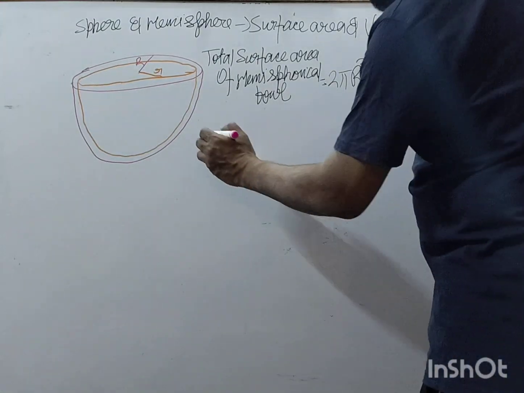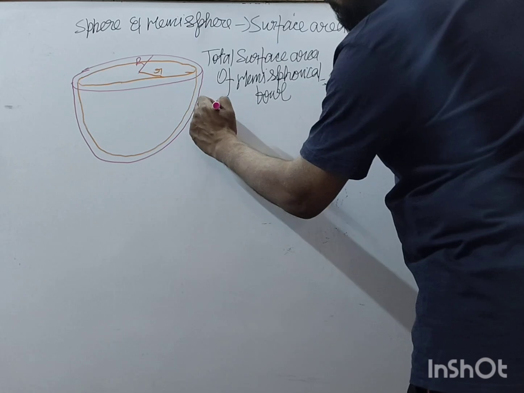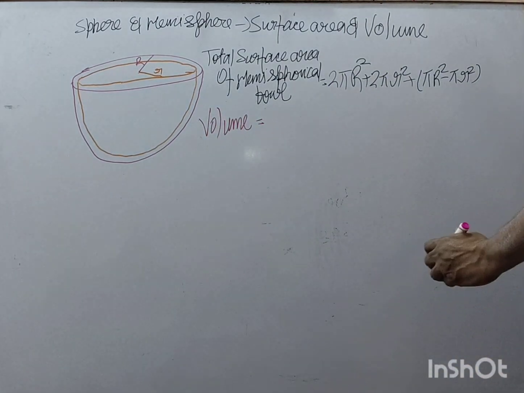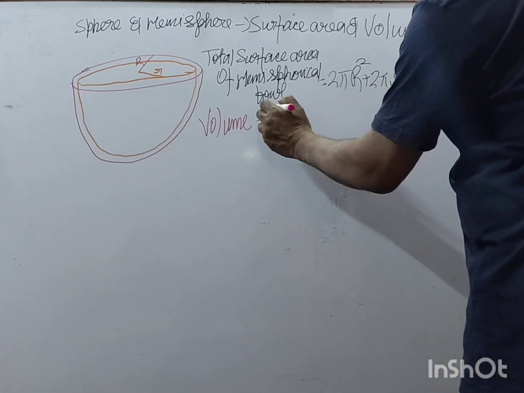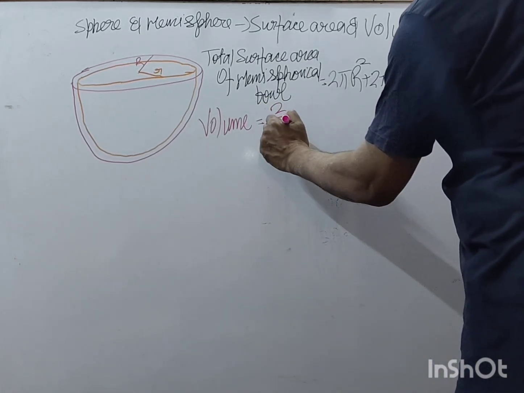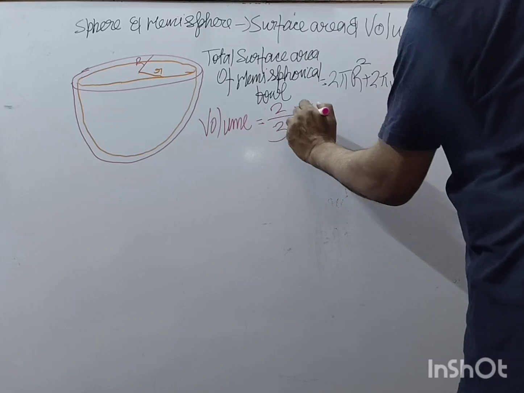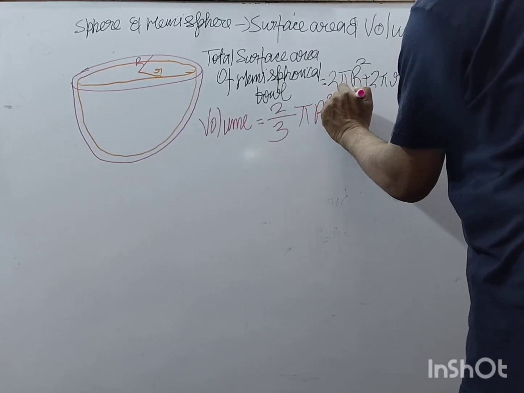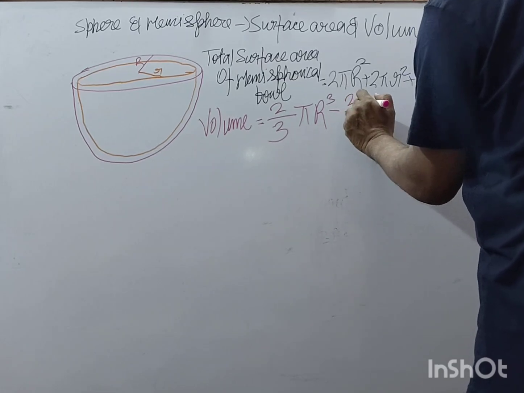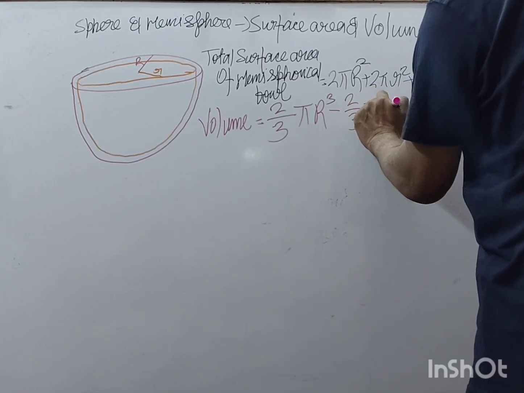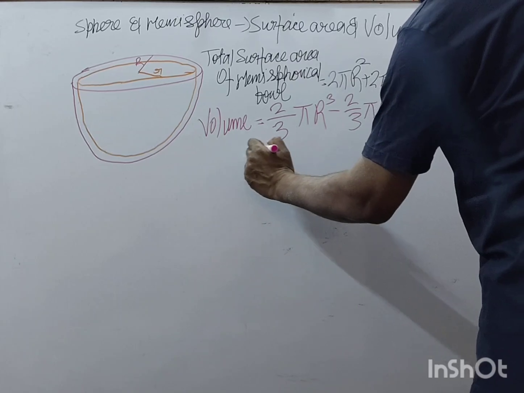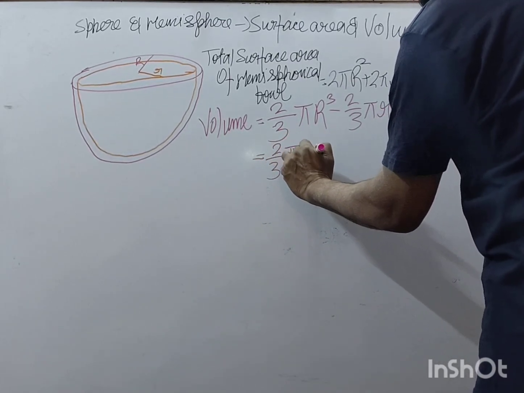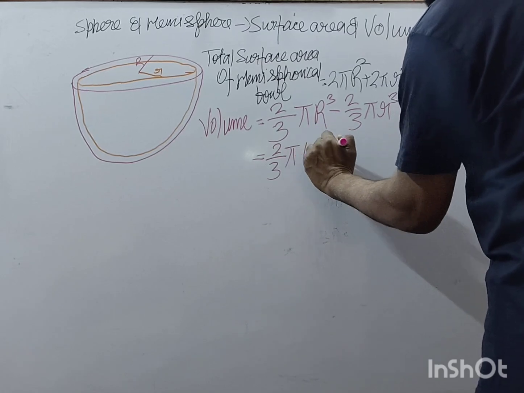Then we have the volume is equal to, hemispherical bowl, 2 by 3 pi capital R cube minus 2 by 3 pi small r cube. So you can write 2 by 3 pi. Yesterday I wrote the same, na? Yes. Sure?